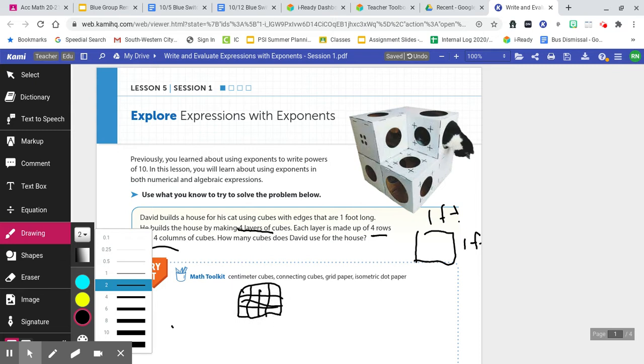I have 1 layer and it has 1, 2, 3, 4 by 1, 2, 3, 4. So that's a 4 by 4. And so that means this first layer, my bottom layer, is a 4 by 4. And I have 4 of those.